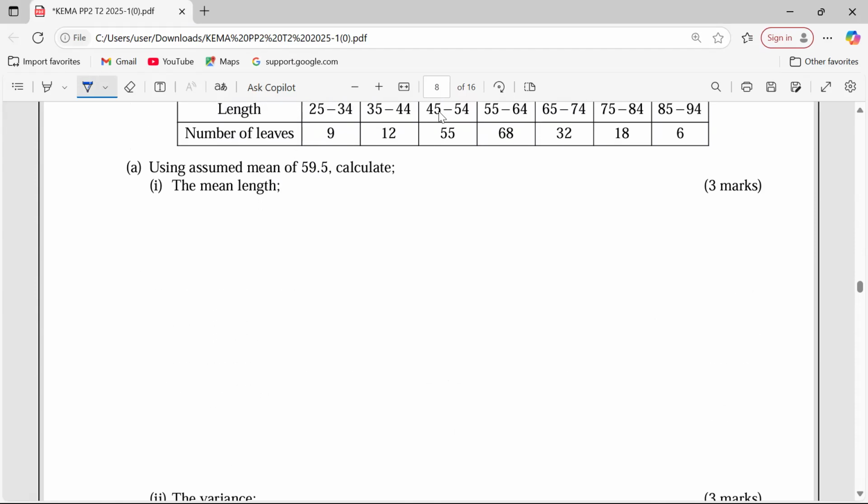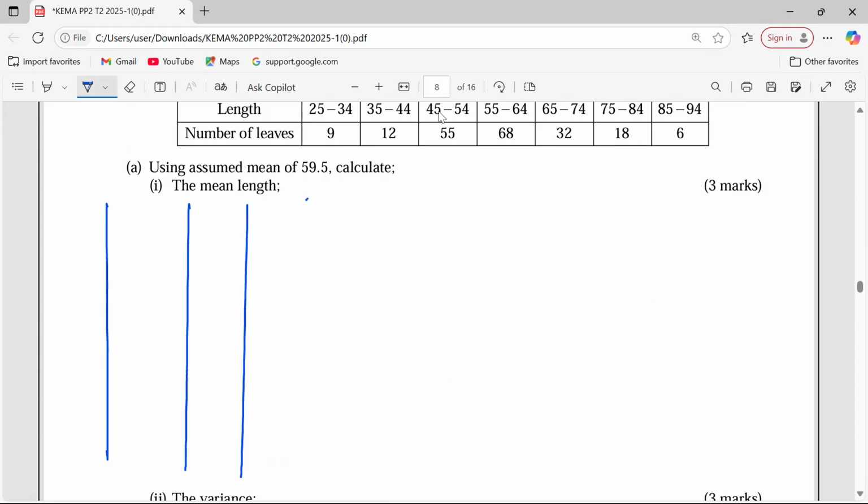Allow me first to display the data in a different way. We already have the classes, so I'll rewrite them here together with the frequency. Then for every class, I will write the midpoint. After the midpoint, we can look at the deviations of each midpoint from the assumed mean.